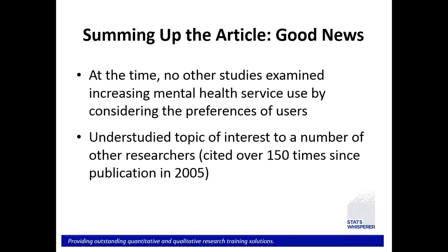So this is an understudied topic that's of interest to a number of researchers. The last time I checked the numbers, it was cited over 150 times since it was published in 2005. So the study itself did have value and is of interest to the field. That's a positive.